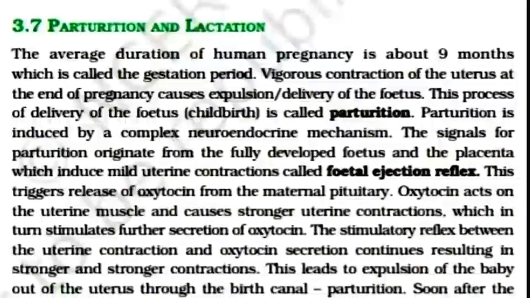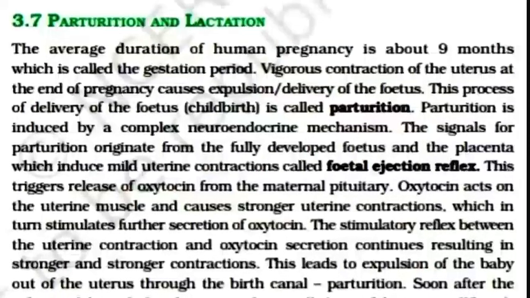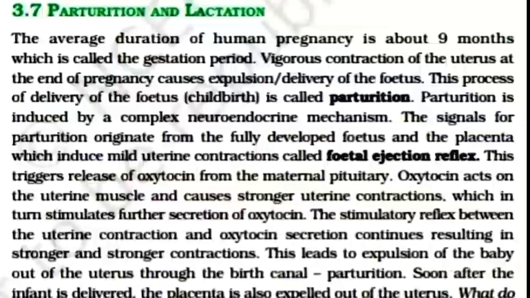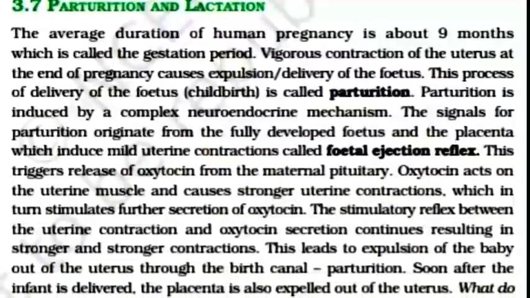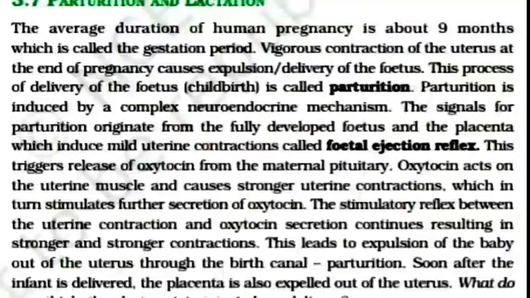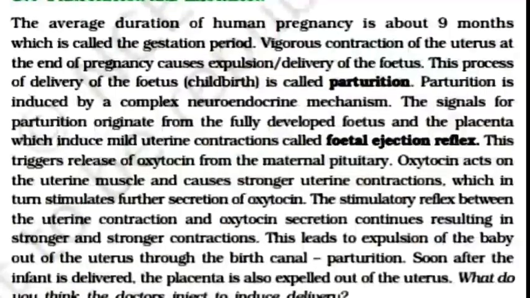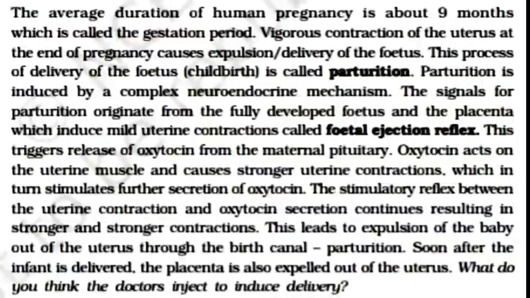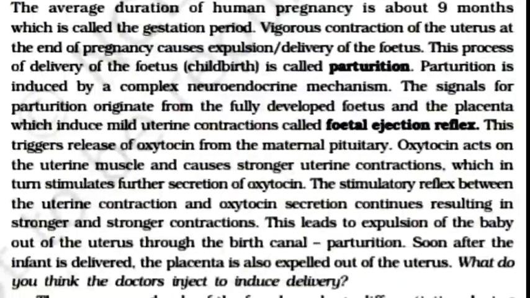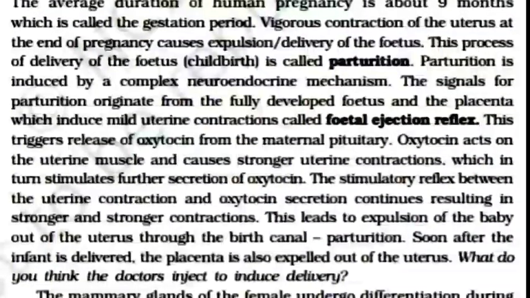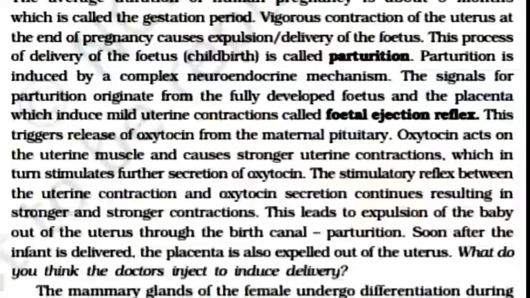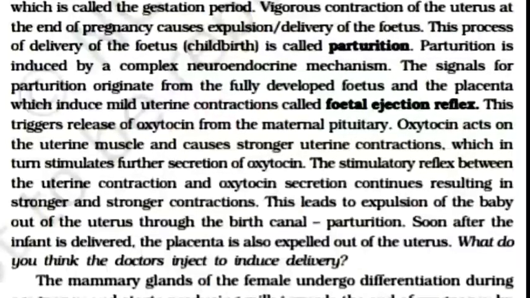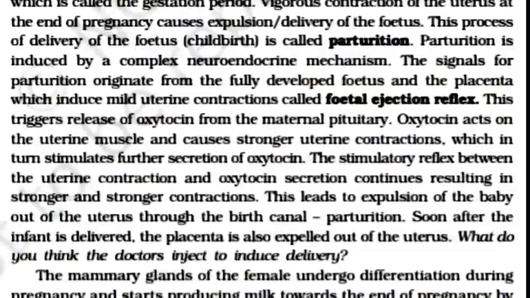This triggers release of oxytocin from the maternal pituitary. Oxytocin acts on the uterine muscle and causes stronger uterine contraction, which in turn stimulates further secretion of oxytocin. The stimulatory reflex between the uterine contraction and oxytocin secretion continues, resulting in stronger and stronger contraction.